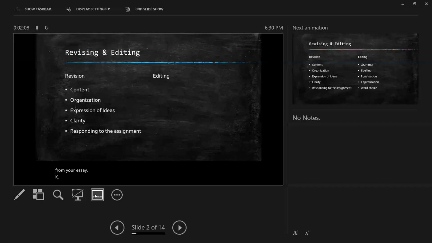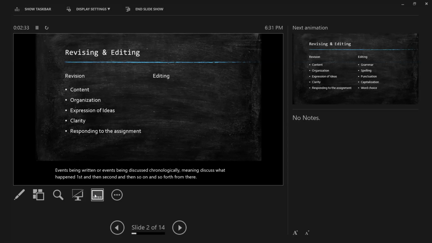Think about organization. One of the qualities that most narrative essays feature is events being discussed chronologically, meaning discuss what happened first and then second and so on and so forth from there.